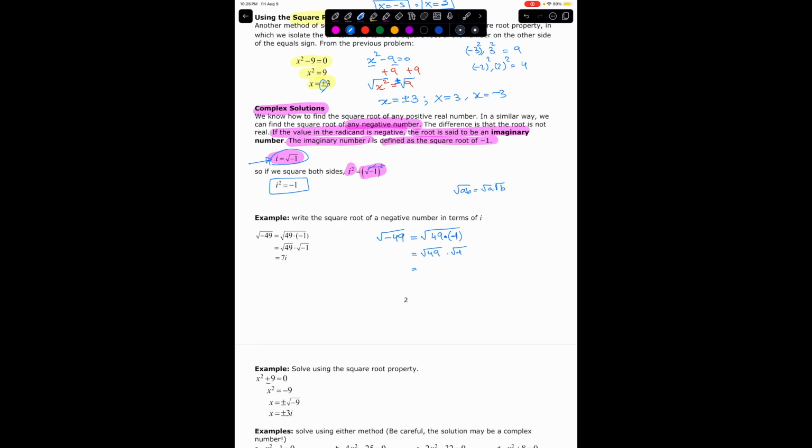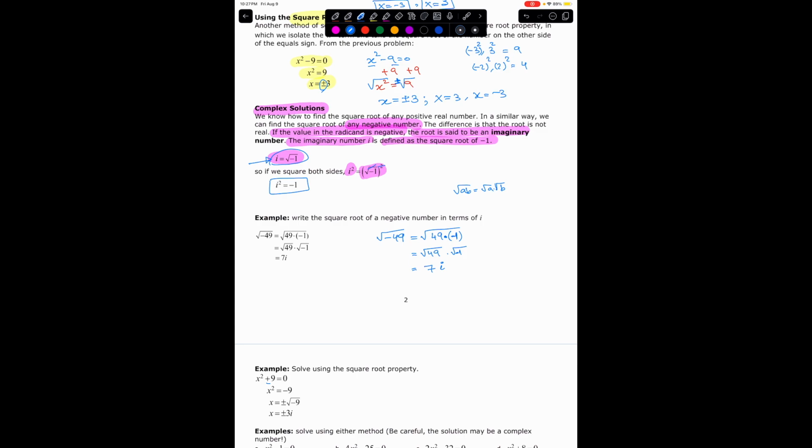So square root of 49 is 7, and then square root of -1 is basically i, so the solution is going to be 7i, which means 7i is an imaginary number. The i stands for imaginary.